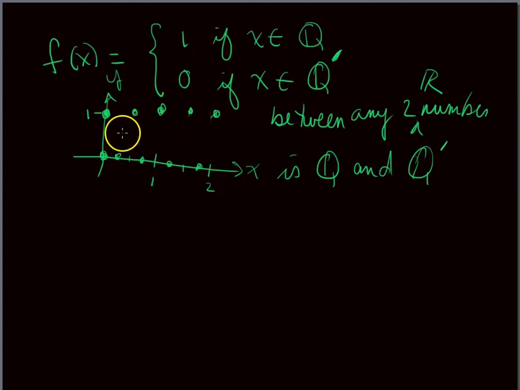So if you think of using a Riemann sum, which uses the biggest value for any of your partitions, the tallest part, because between any two numbers there's going to be a 1, because there'll be a rational number. The upper sum will always be 1s up here, and so you're going to get from 0 to 1, say, you're going to get 1, because 1 times 1.